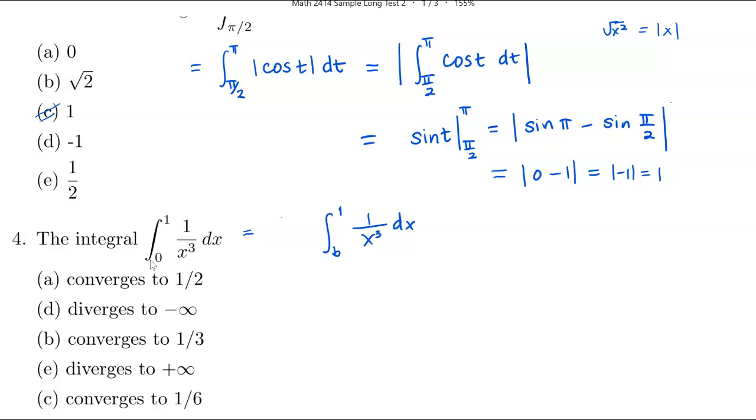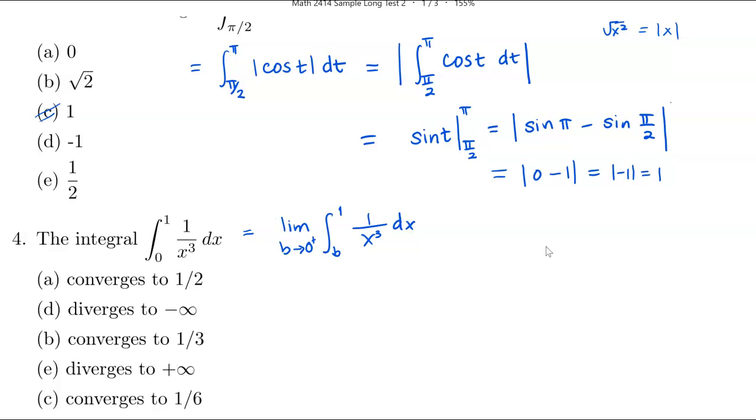Then you write the limit as that variable b approaches the number here, that approaches 0. And that is from the right, because b is coming at the right side of 0, since the interval is from 0 to 1. So 0 from the right.